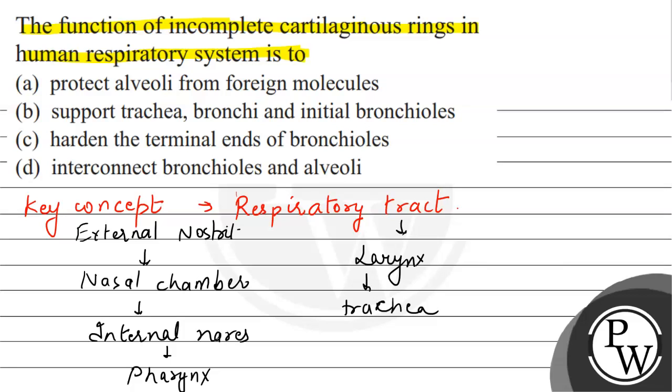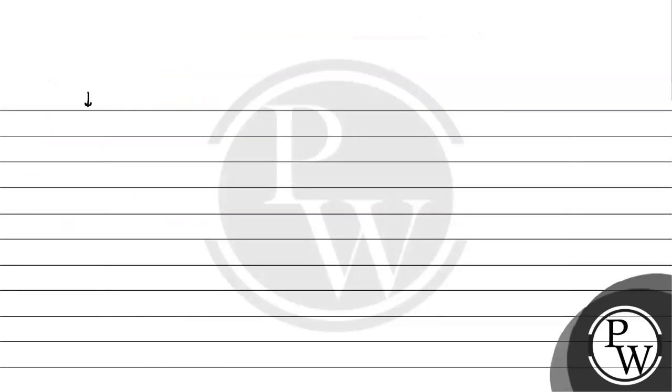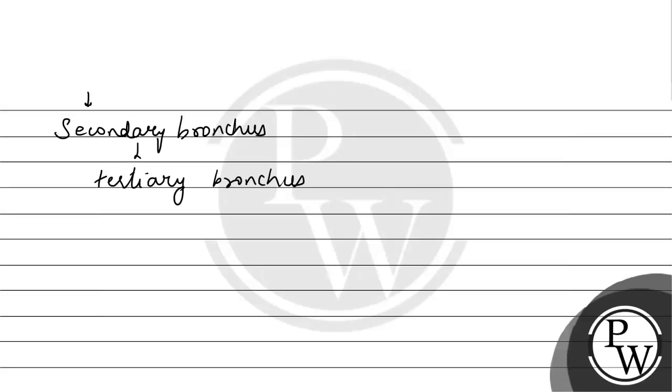This is a windpipe. Now this trachea divides into the primary bronchus, then the primary bronchus divides into the secondary bronchus, then it divides into the tertiary bronchus, then the bronchus will further divide into primary bronchioles.